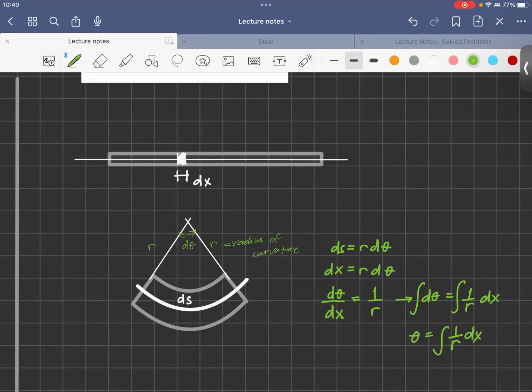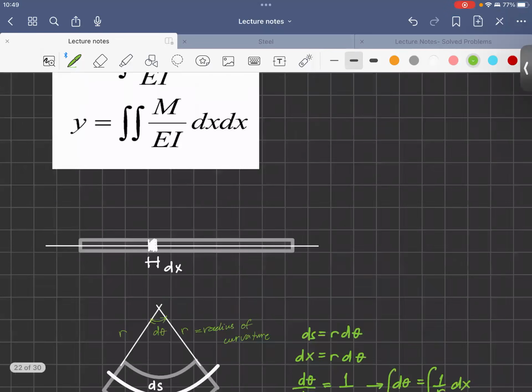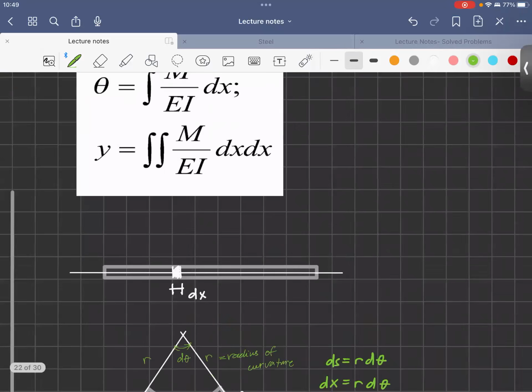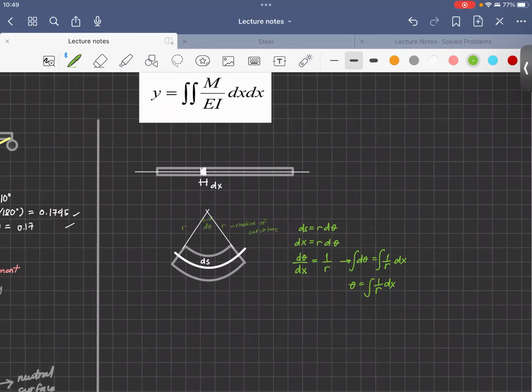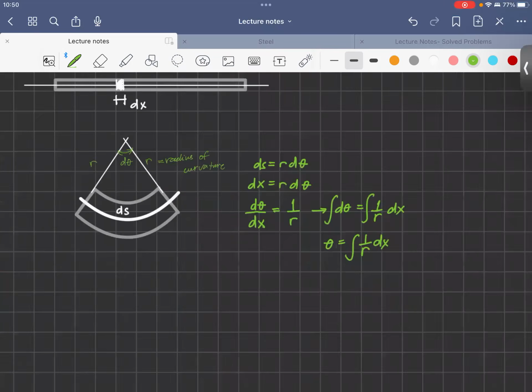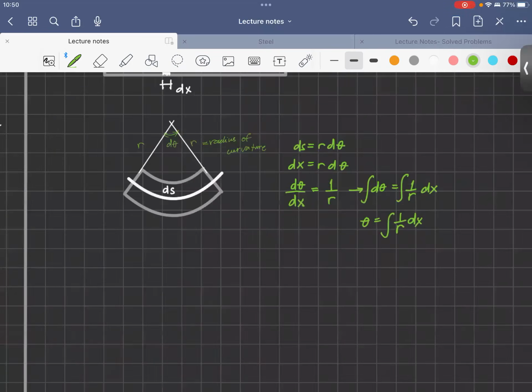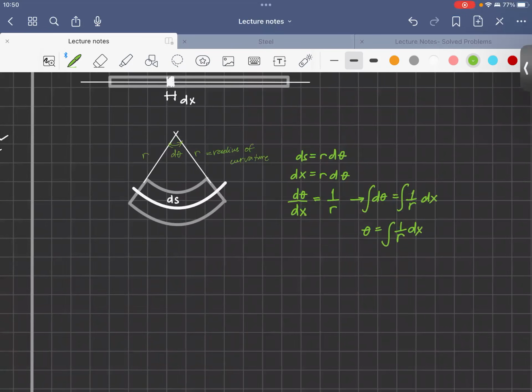But what we want is an equation in terms of M. What we have is the radius of curvature. To get an equation, we have to understand the relationship of the bending moment and the radius of curvature. The amount of deflection on a beam is directly proportional to the magnitude of the bending moment on the beam.